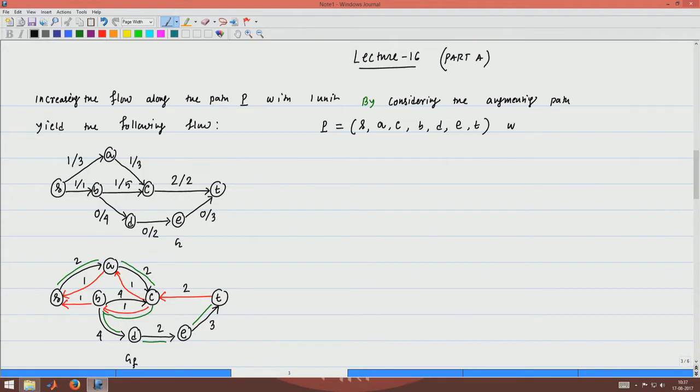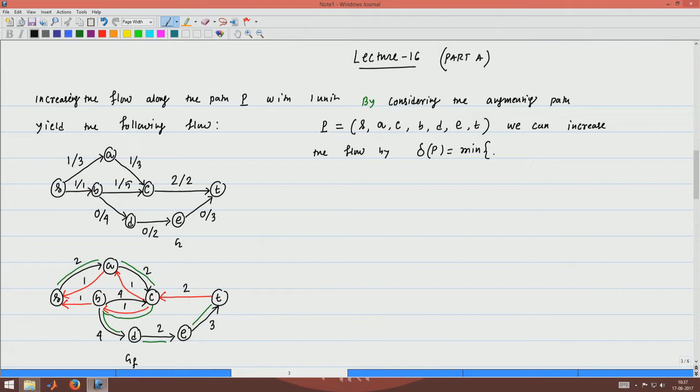We can increase the flow by delta units. The delta P is the capacity of this path.